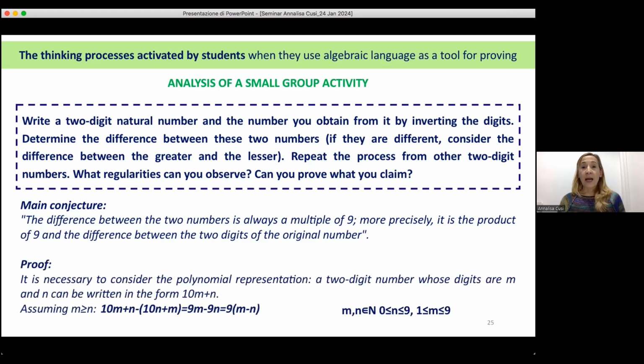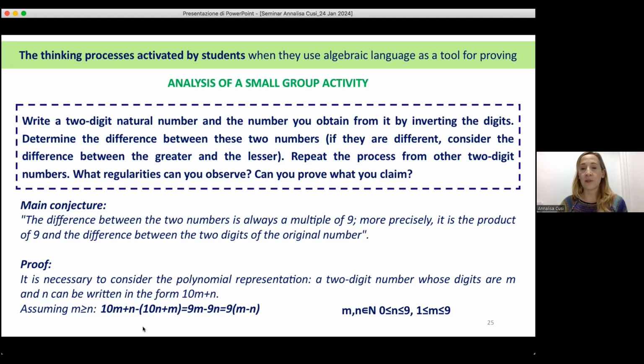The algebraic proof of this conjecture can be easily developed by representing a two-digit number through the polynomial representation, that is, with this expression, 10m plus n, with this condition on n and m. And the number obtained by inverting the digits will be 10n plus m.